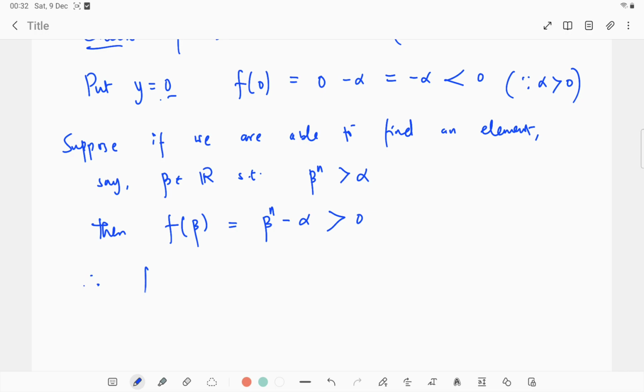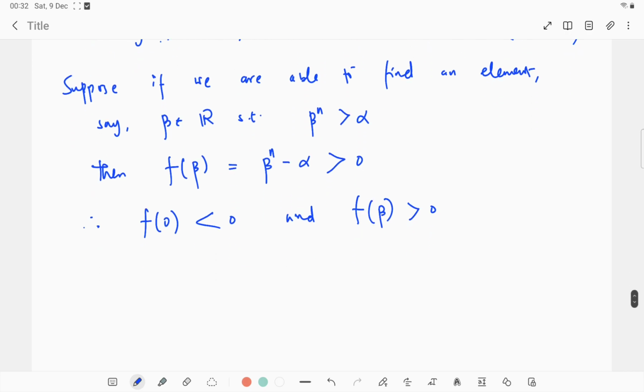So it means that f of 0 is less than 0 and f of beta is greater than 0.